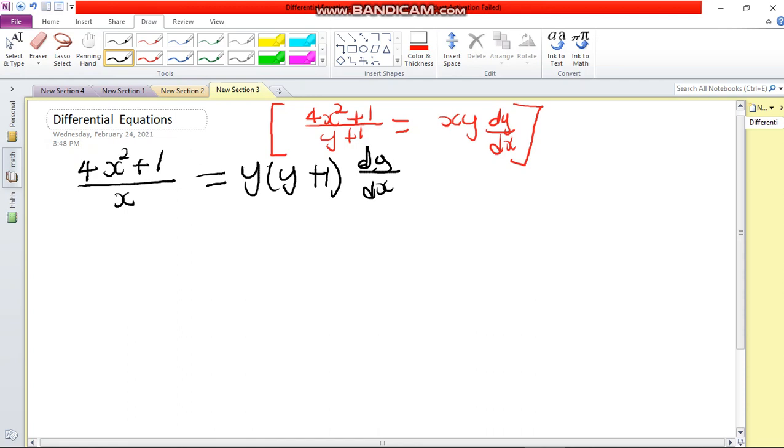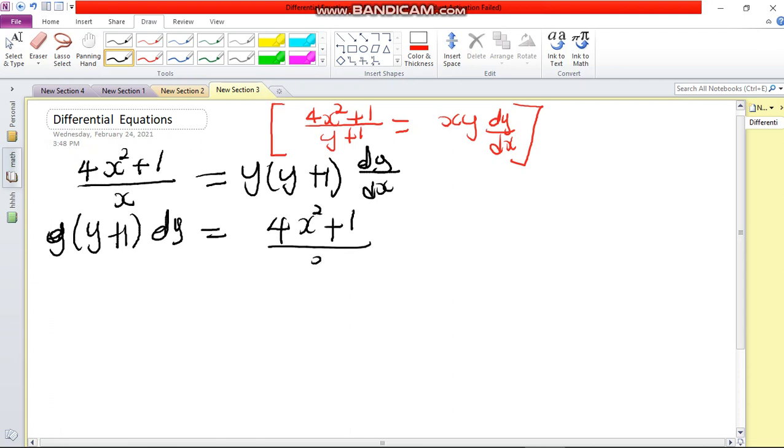So let's write it in the standard form. This is y into y plus 1 dy, which equals 4x squared plus 1 over x dx. And then I can integrate both sides.